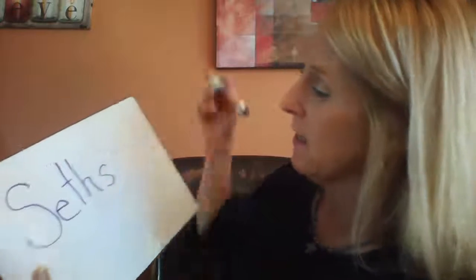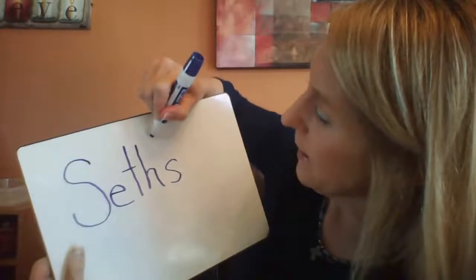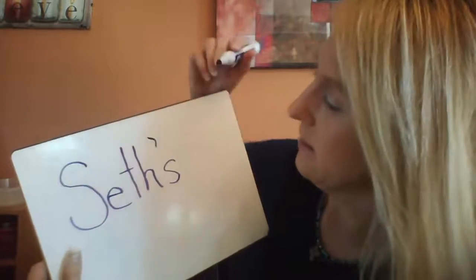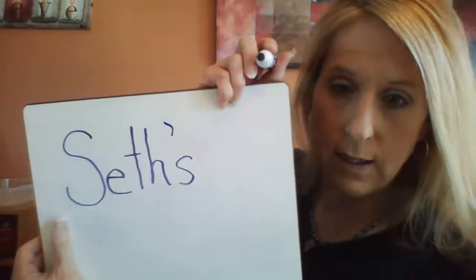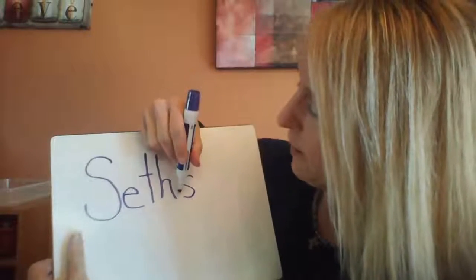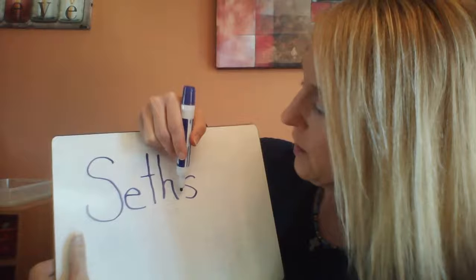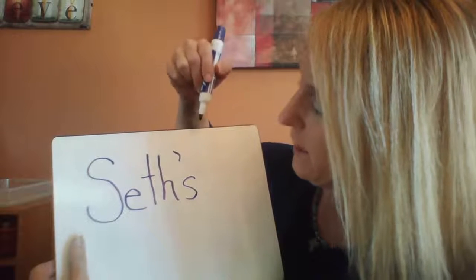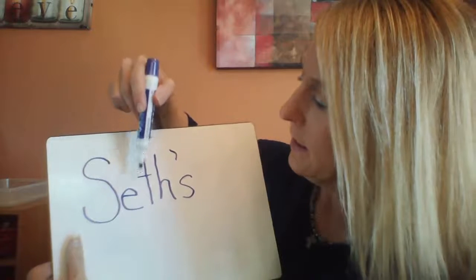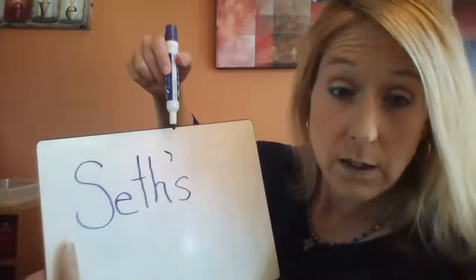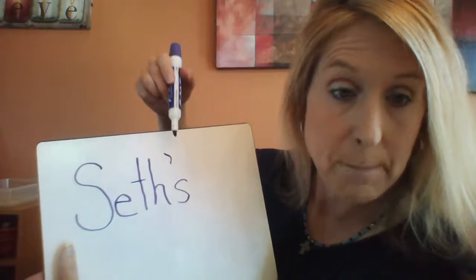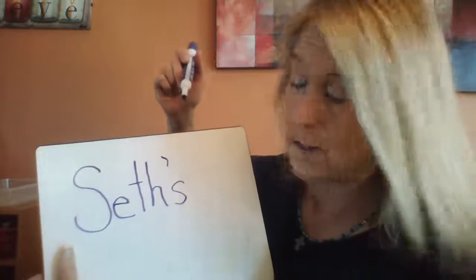Instead of just adding an S, because the dad is referring to Seth, it's Seth's dad. So we're going to have this little thing that hangs up from the sky. And it's like a little backward C. And it goes right in between that H and S. So I could almost draw an invisible line. So it's S-E-T-H. And we call it an apostrophe. Say apostrophe. It's a big word, isn't it?